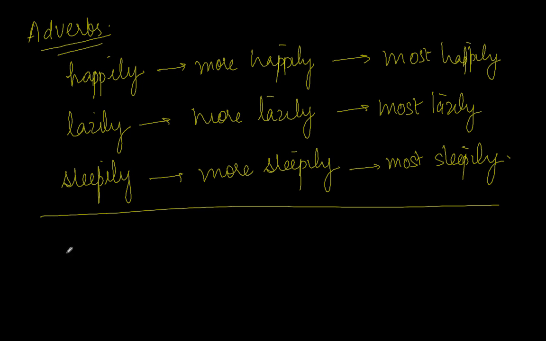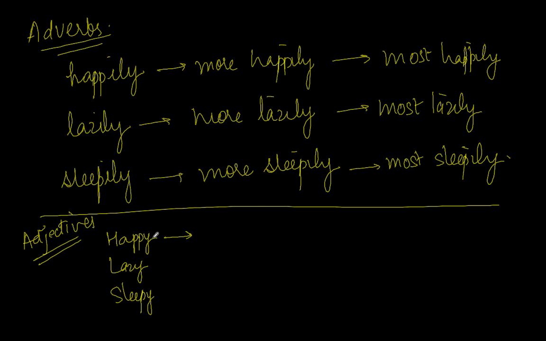And the words that end with y, now again back to adjectives, like happy, lazy, sleepy. When these adjectives need to change into the comparative, you remove the y and you put IER.